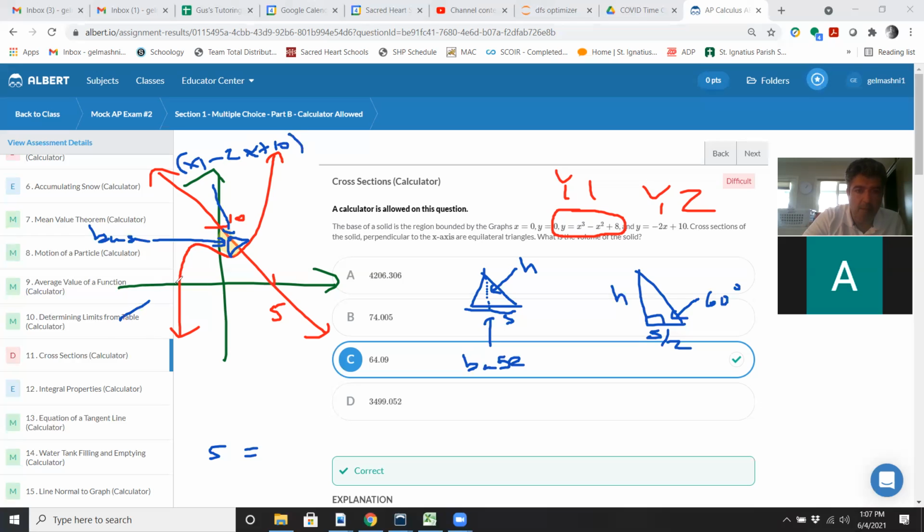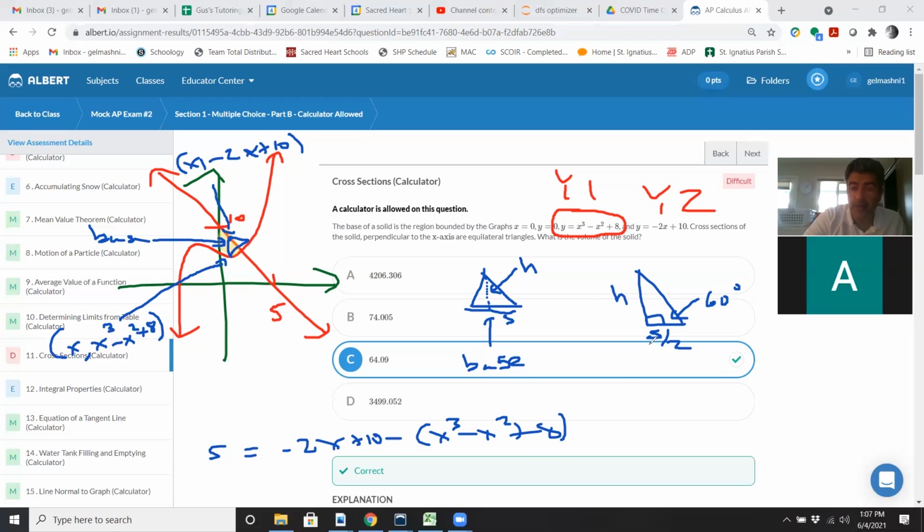And then here, that's going to be x comma x cubed minus x squared plus 8. Okay, so side length is going to be the difference of those: negative 2x plus 10 minus x cubed minus x squared plus 8.